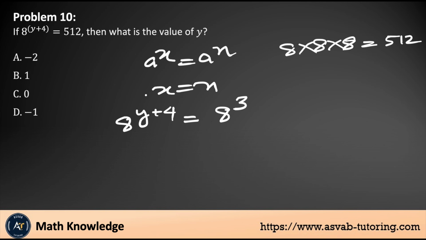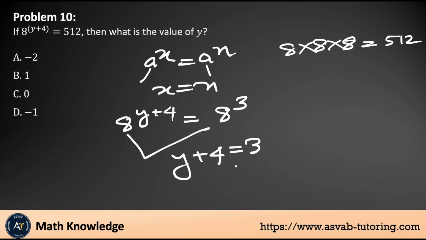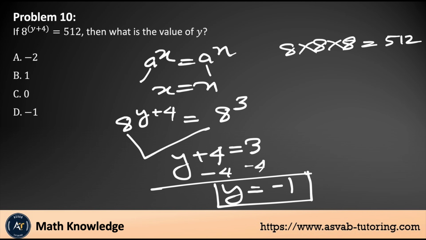So now if you compare, this is the base and this is the exponent, right? If the bases are the same, then you could write y plus 4 equal to 3, and subtract both sides by 4, so that gives you y equal to negative 1. So that is the final answer.